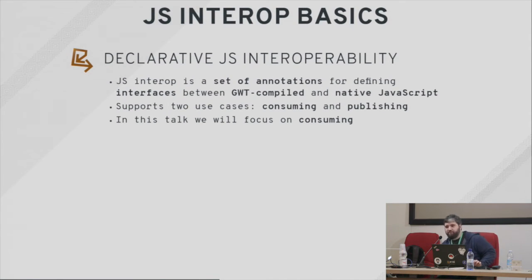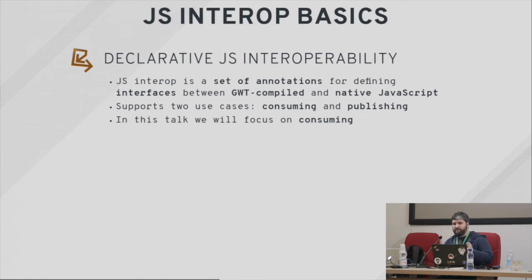So I'll briefly go over some JS interop concepts we learned yesterday, just to make sure everyone recalls. There are two particular use cases of JS interop. You can use JS interop to consume external JavaScript, and you can also use it to publish a JavaScript API.